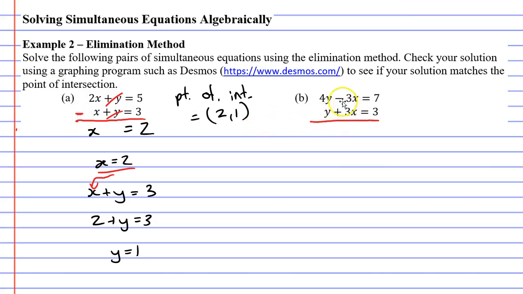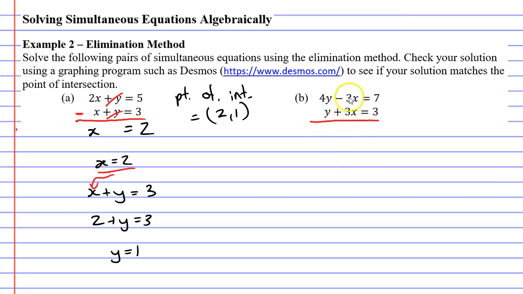So we look at it and go, all right, we know the y's line up, but this is 4y and this is y. And when we look at the x's, they line up also. But the interesting thing is that the x's have the same number in front of them. They both have a 3. And this is where we're going to focus. We're going to focus on the pronumeral that has the same coefficient or the same number in front of it.